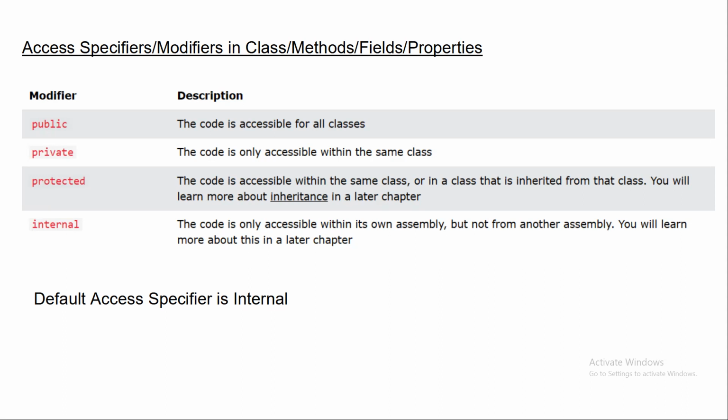So internal is the one we predominantly use in our day-to-day programs. And generally, if you are using third-party libraries, they make it public because it's a different DLL, a third-party library, and they want everyone to use it, right? That's why they make it public.